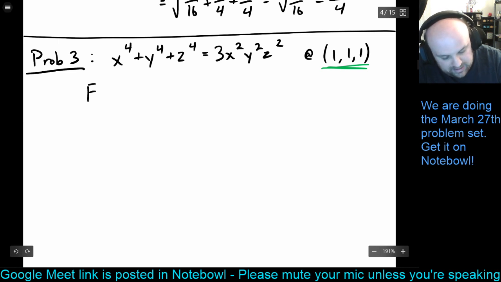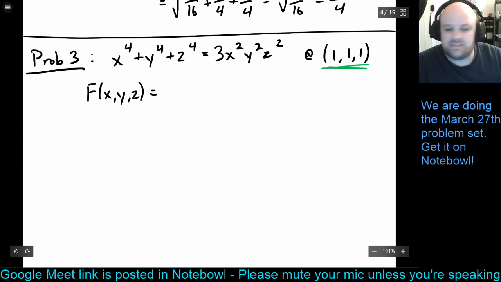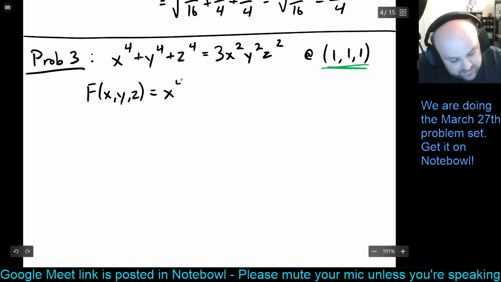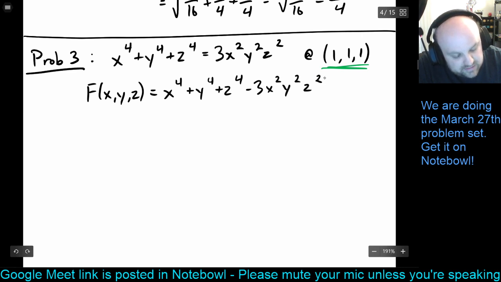So we'll call this capital F of x, y, z. And again, it's the same kind of thing that we did with the implicit differentiation stuff. Just slam everything to one side. So x to the fourth plus y to the fourth plus z to the fourth minus 3x squared y squared z squared.